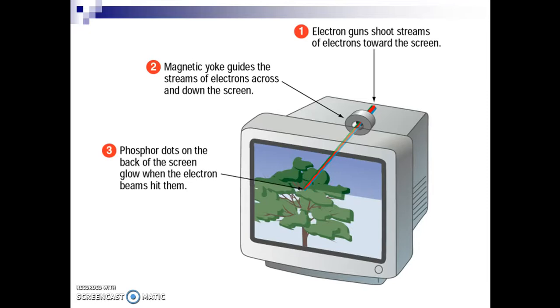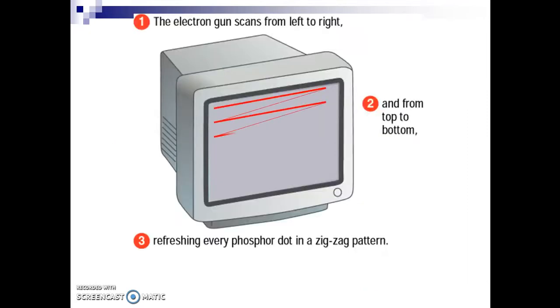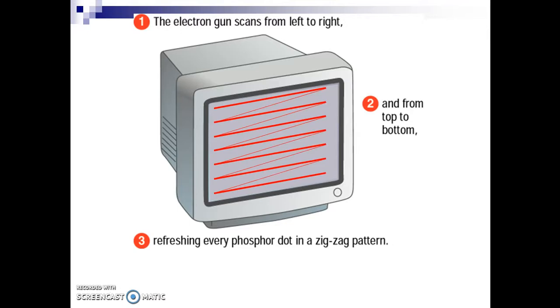And this is what gives us the image. And in terms of how the image is developed, the electron gun scans left to right, top to bottom, and refreshes the screen one phosphor dot at a time. And obviously this does take time, and this refresh rate, we'll talk about that in a little bit.